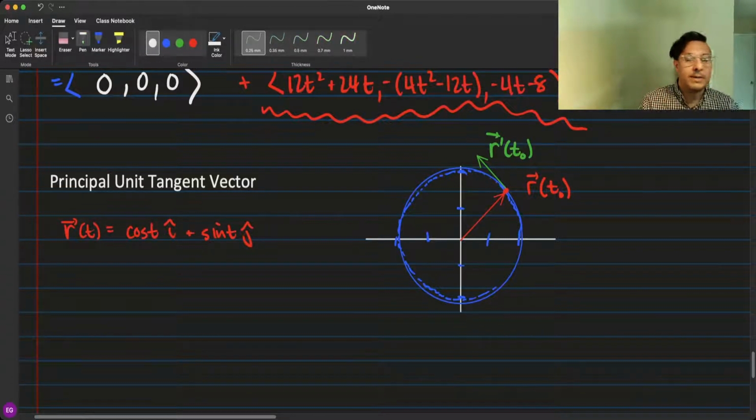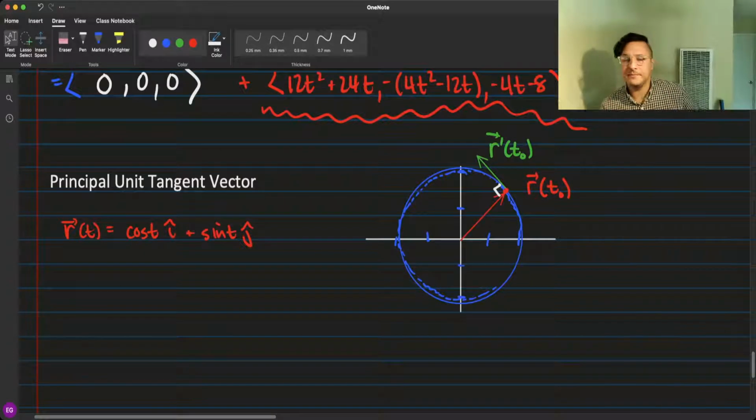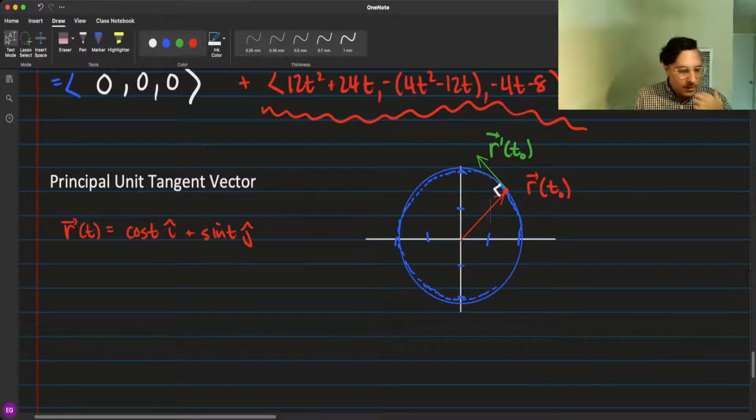And what do you know about the tangent vector and the original vector? They're orthogonal, so they form a right angle. So this right here is the tangent vector.